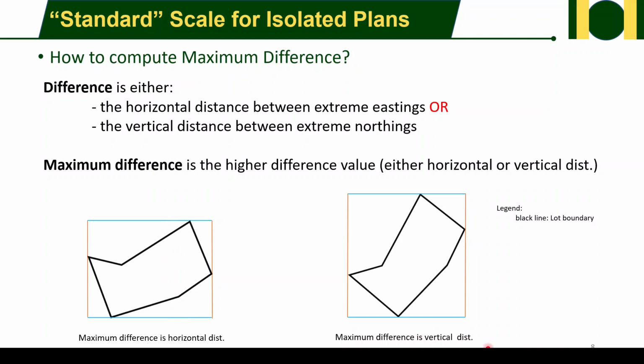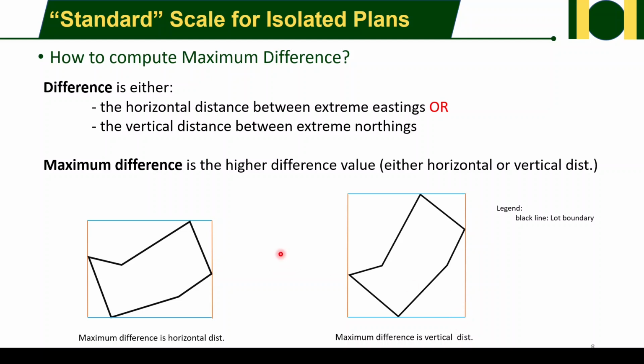For this one, the maximum difference is vertical, because the vertical height of the property, represented by the orange line, is longer than the horizontal distance, represented by the blue line.